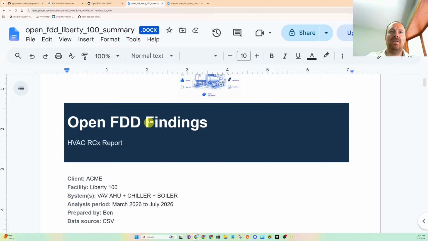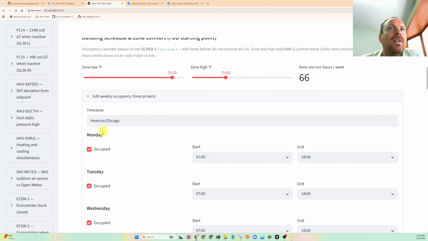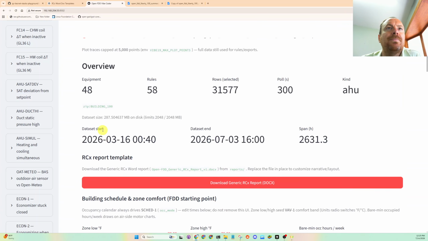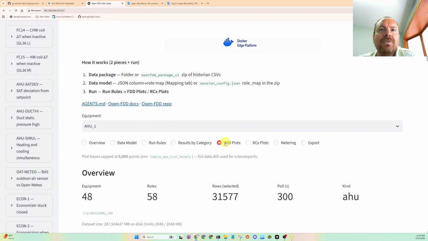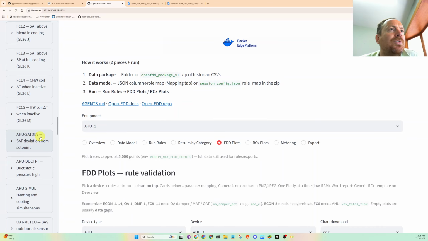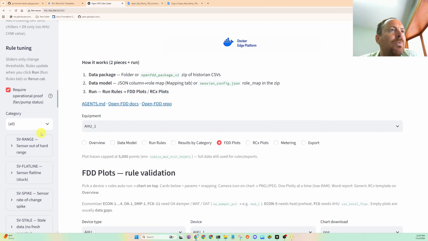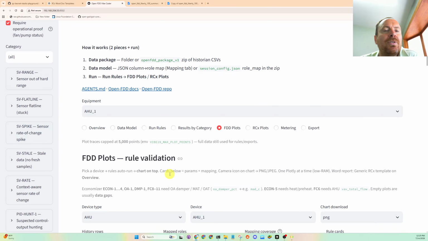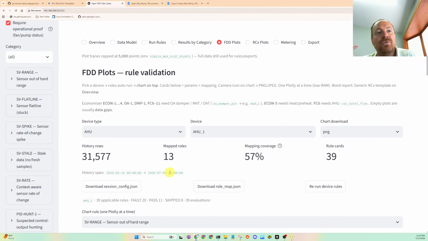So the next building will be the next iteration of this application, with bug fixes and all that. One thing that I did fix, and I'll show you, is in fault detection plots, there was a bug in the sliders over here. I used Fable to comb through the fault equations. Reference the prior videos for a deeper dive into where to find them.